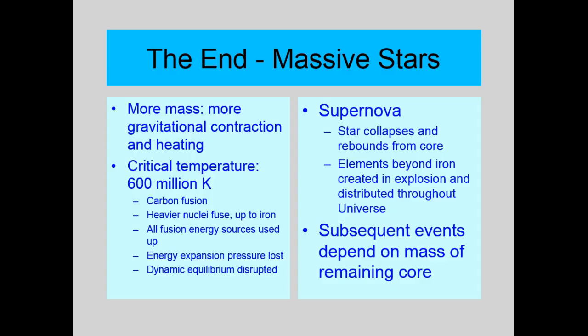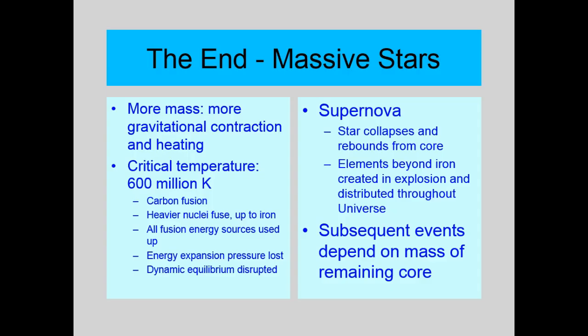All right, last time we were talking about the end stages of stars. Okay? We talked about the medium-sized stars first, and we finished with those. Now we're on to the massive stars. The more mass a star has, the more gravitational contraction it has, because the more mass draws things in closer.